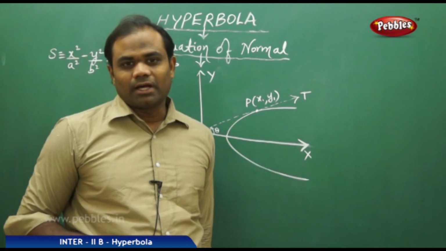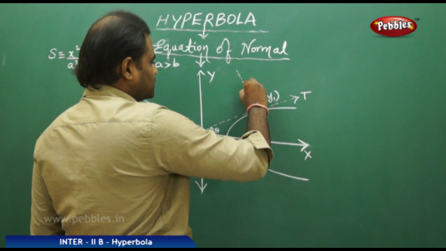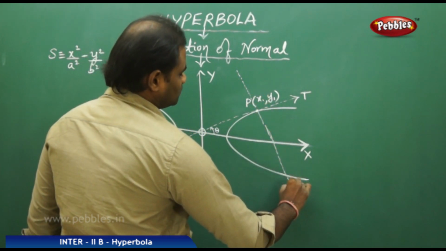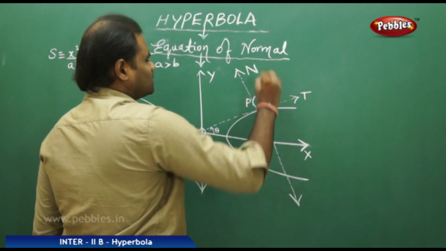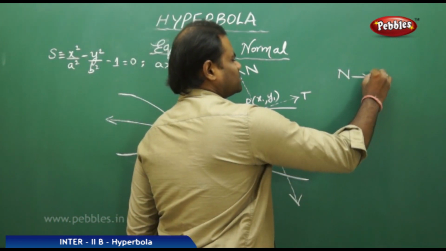Now in this case, I have the normal which is perpendicular to the tangent and passing through the point of contact.